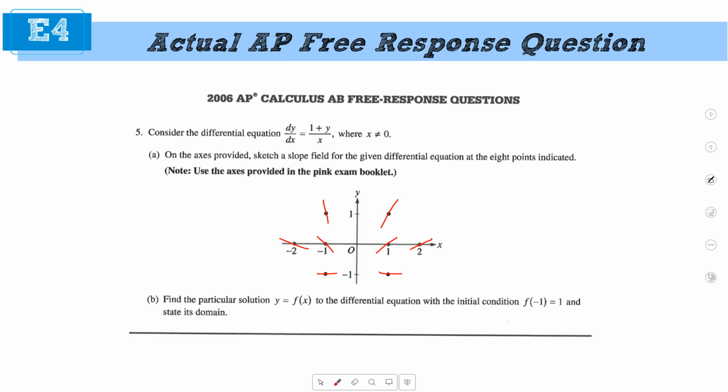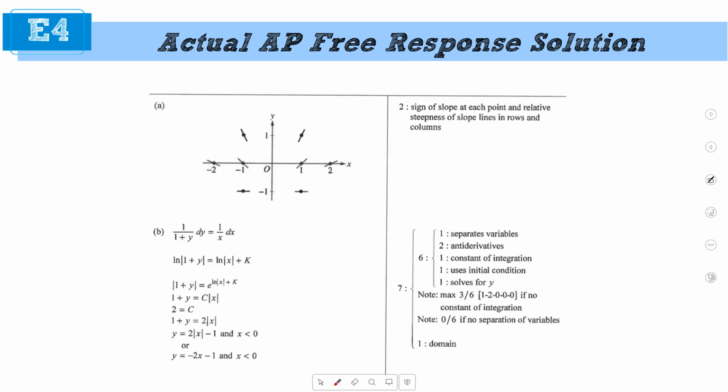Then, part B of this problem says, now go and do all the differential equation stuff that we did. I'm not going to do that again because it's not much different than the one we already did, but what I do want you to see is this, which is the grading rubric for this particular problem. And talk a little bit about how they get their numbers. So notice part A, we killed it. Did a perfect job.